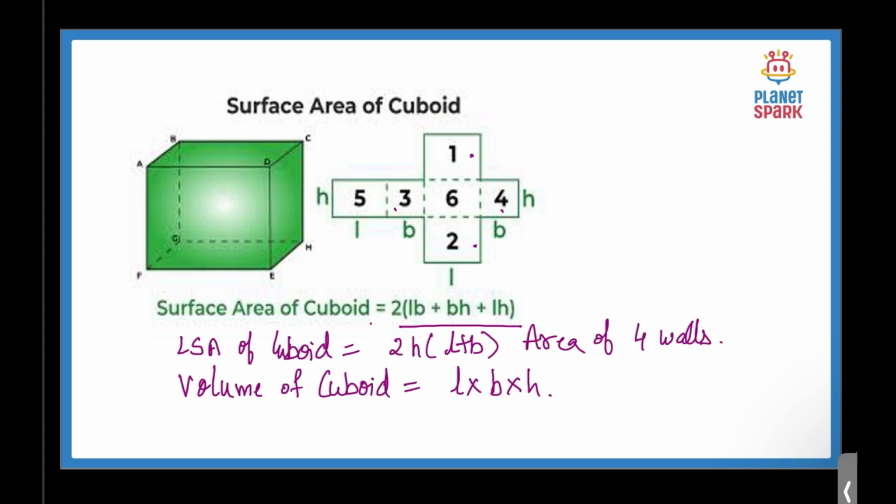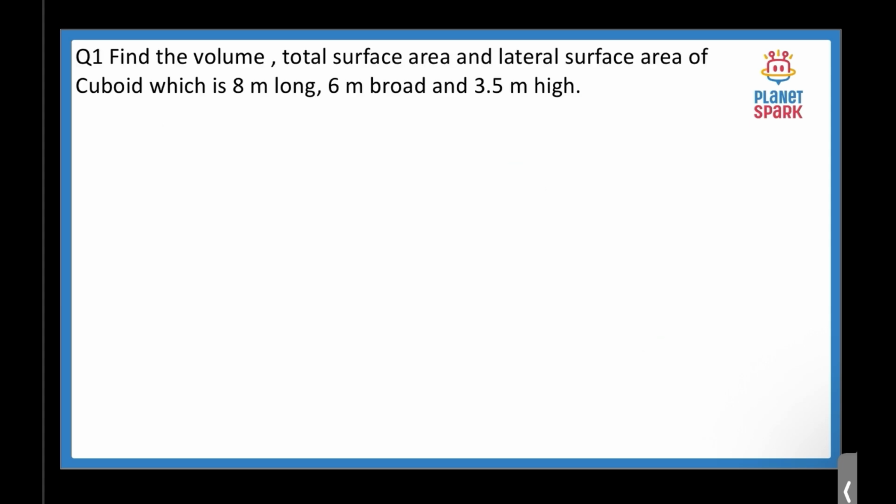How much paint you need to cover the walls is given by the area of 4 walls, LSA, if you're not painting top and bottom, and how much material you require to make it would be given by total surface area.